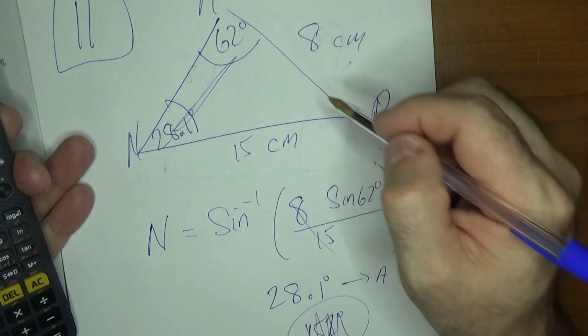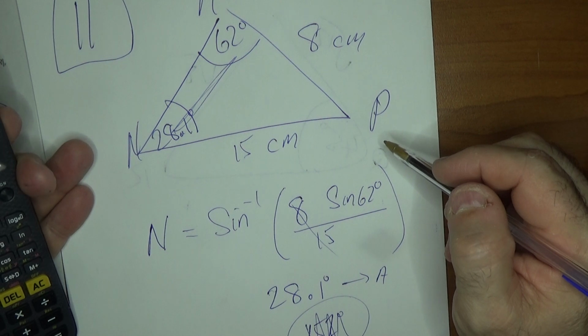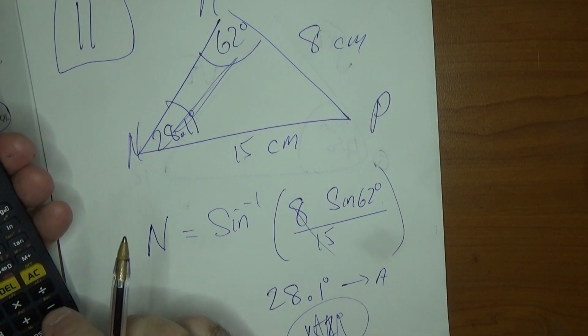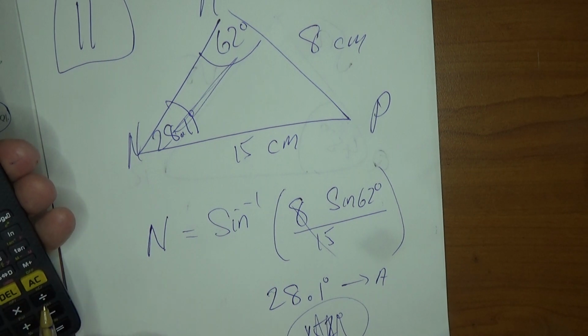So what I'd like to do is ask the question, if that's true, then we have 180 minus 62.